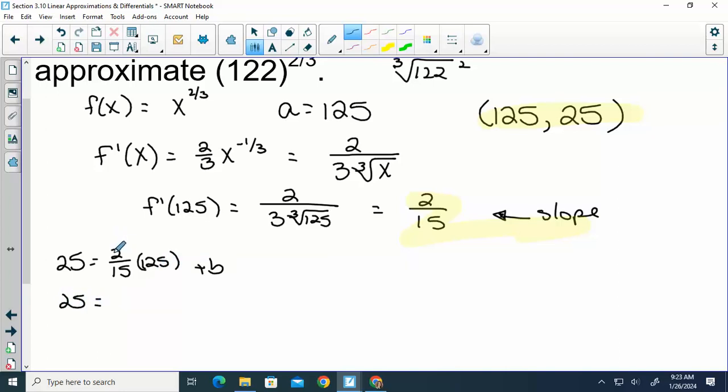So this would be 250 over 15 if we divide by 5.